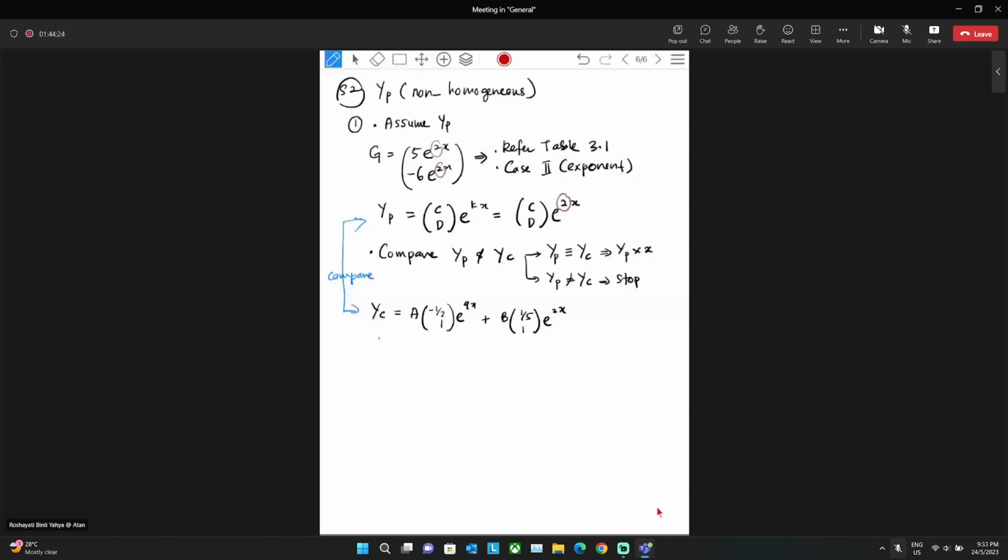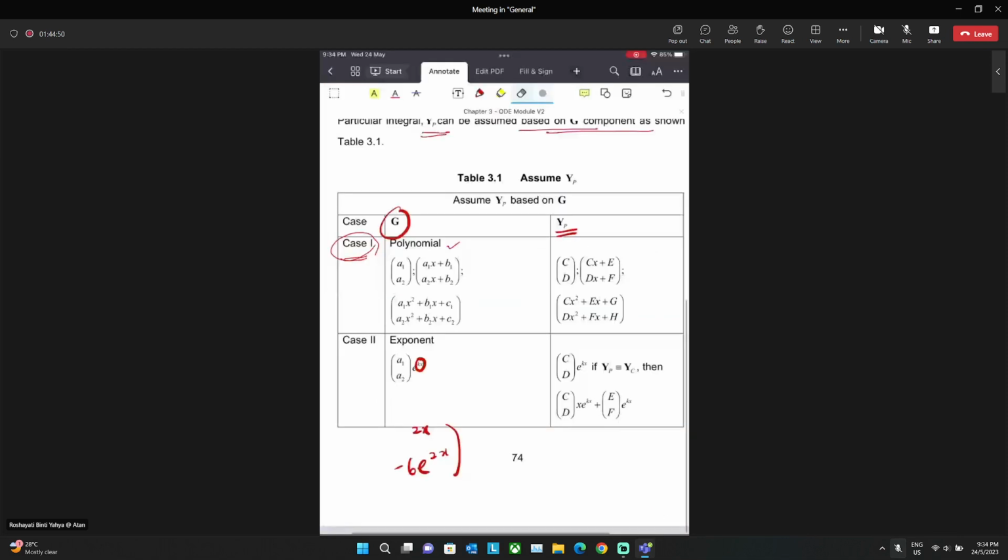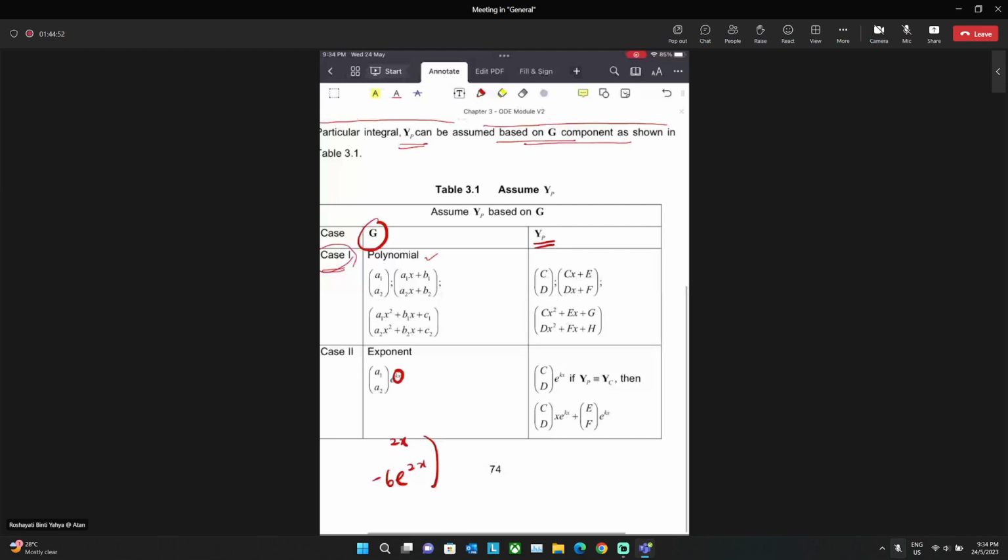YP equal to multiply. So multiply with X. So you need to refer, still need to refer to the table. So based on this table, sorry. Okay.